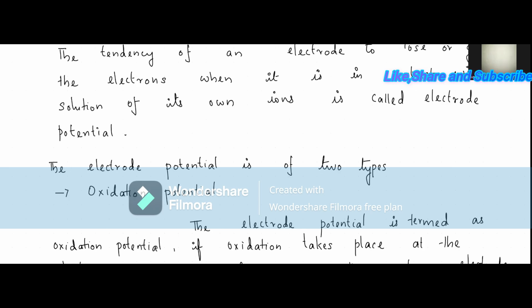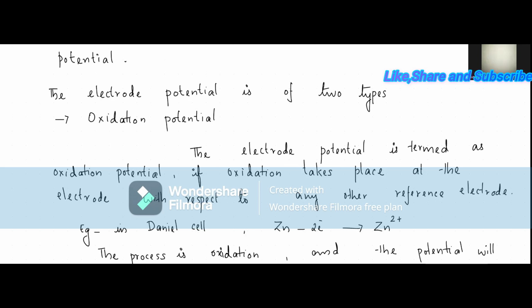Electrode potential is of two types. One is oxidation potential. If the process taking place at any particular electrode is oxidation, then the potential developed at that electrode will be called oxidation potential.